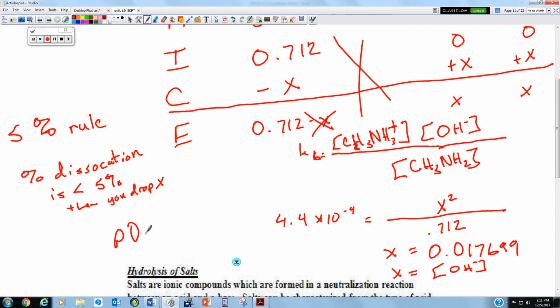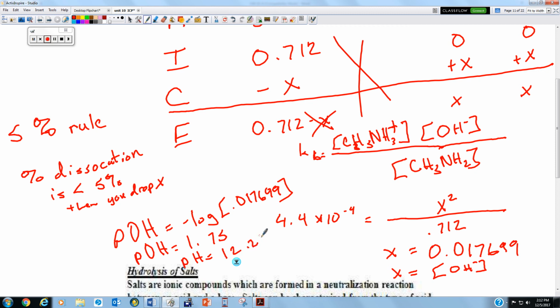So pOH equals negative log 0.0176999. So pOH equals what? 1.75. That means my pH is 12.25.